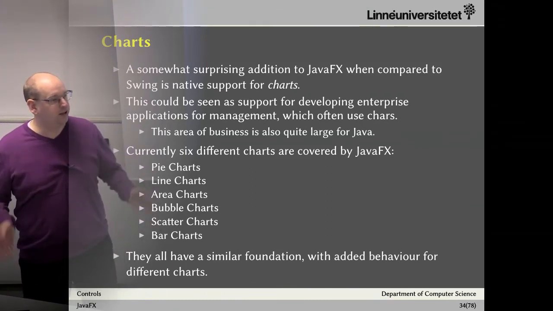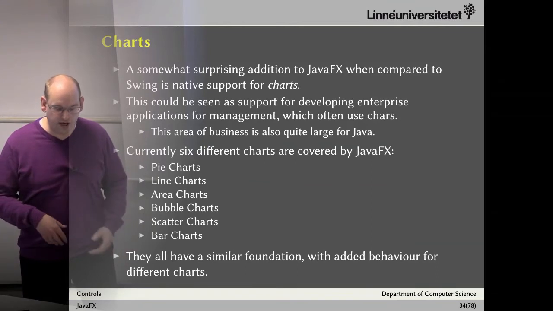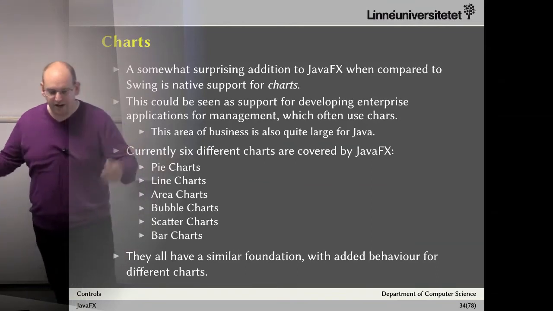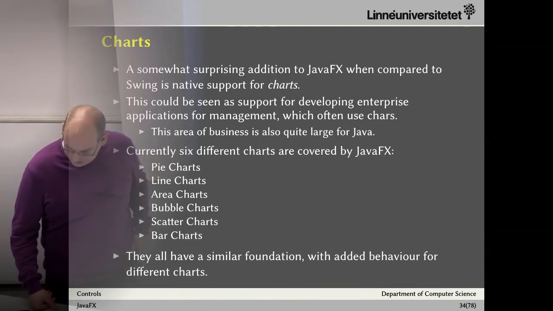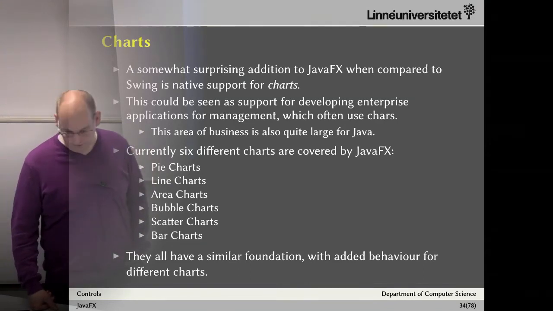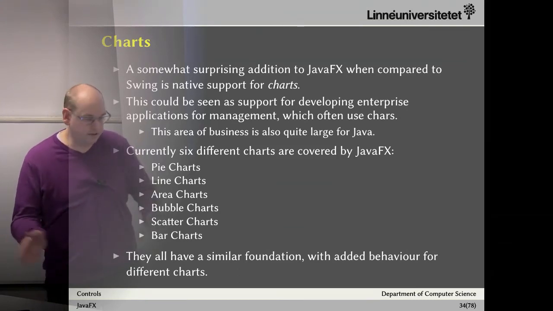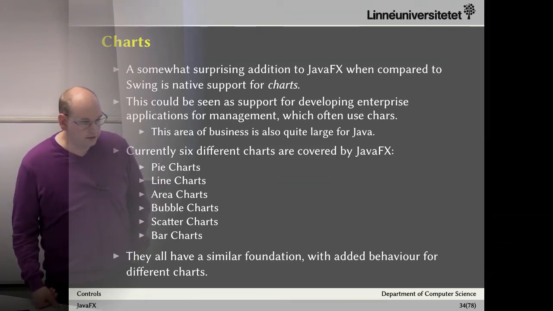So therefore, we have the possibility to create pie charts, line charts, area charts, bubble charts, and also scatter charts, which I have no idea what they are, and bar charts. Those are nice. And all of this is included. Yes, sir? Is that also available with like candlestick charts and so on, finance and so on?